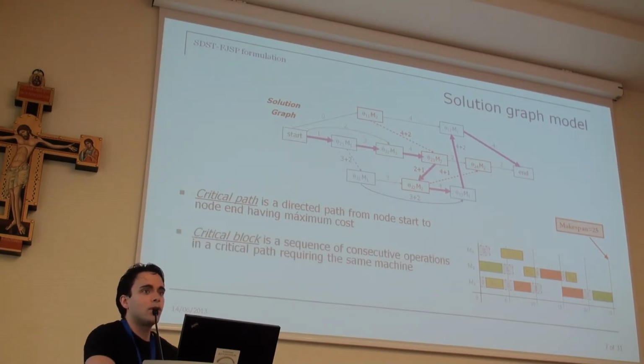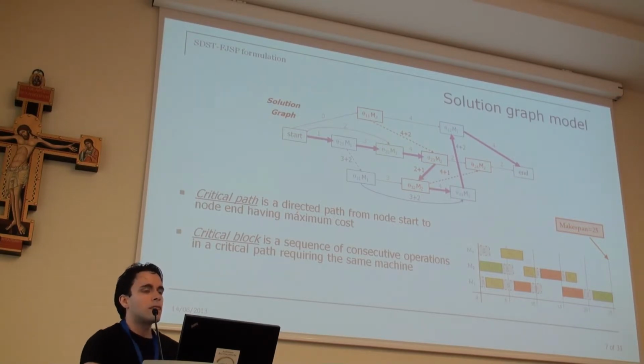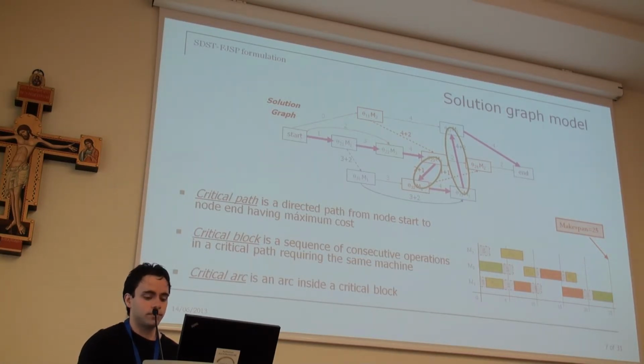Then a critical block is a subsequence of the critical path such that all the tasks require the same machine. In this example, we have these two critical blocks of length 2. And finally, a critical arc is an arc inside a critical block.